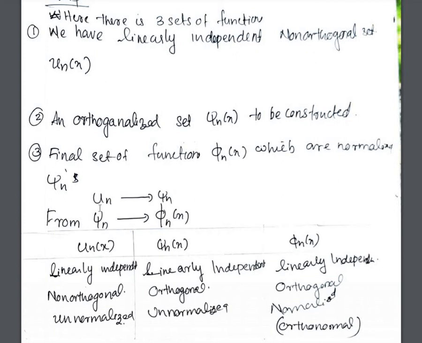So from un of x, using the orthogonality condition, we obtain psi n. From psi n we get phi n by normalization.